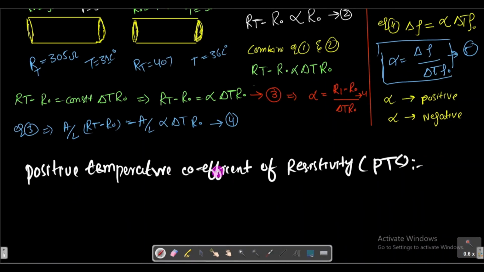The positive temperature coefficient of resistivity is associated with the metals. Because the resistivity of the metal is increased by increasing the temperature of the metal, we call that positive temperature coefficient.